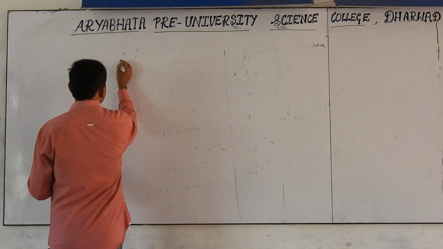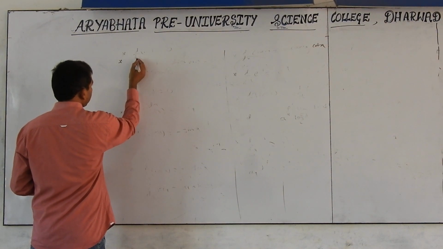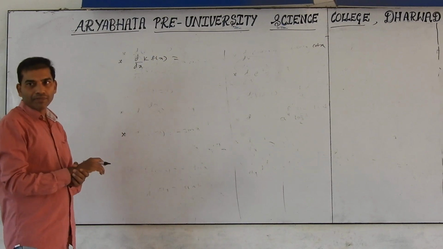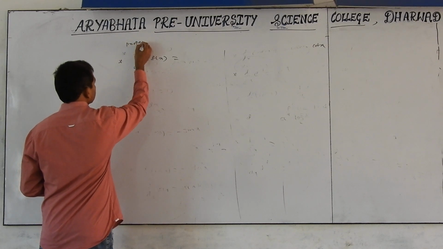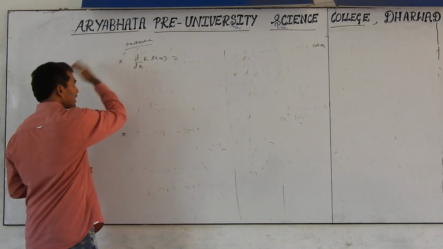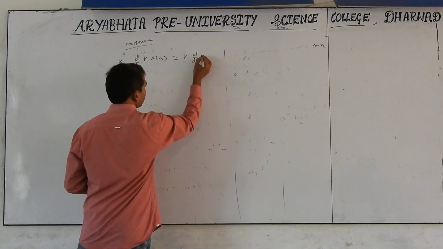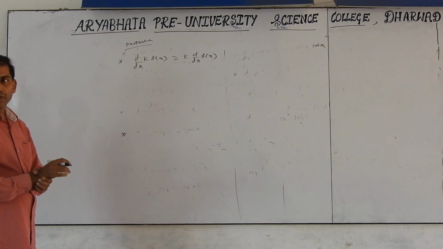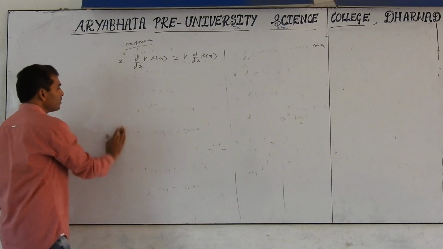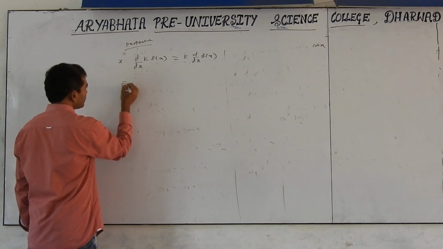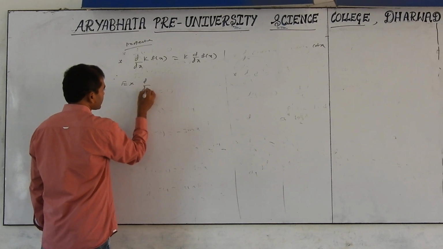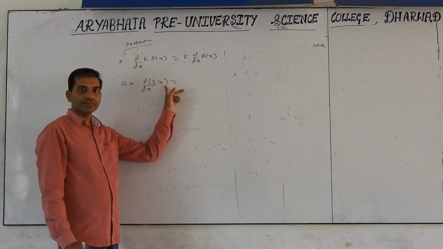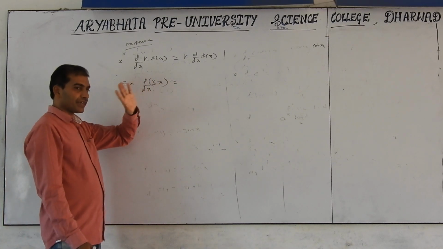Okay. Next, by properties, d by dx of k into f of x, where k is a constant, we can write as k into d by dx of f of x. By using this property, for example, d by dx of 3x: here 3 is constant and x is variable. 3x is not a constant.